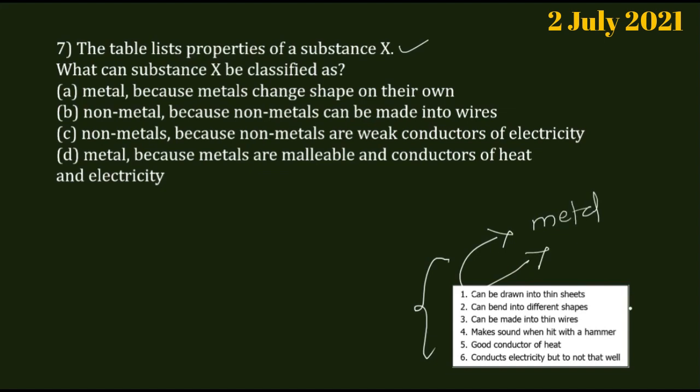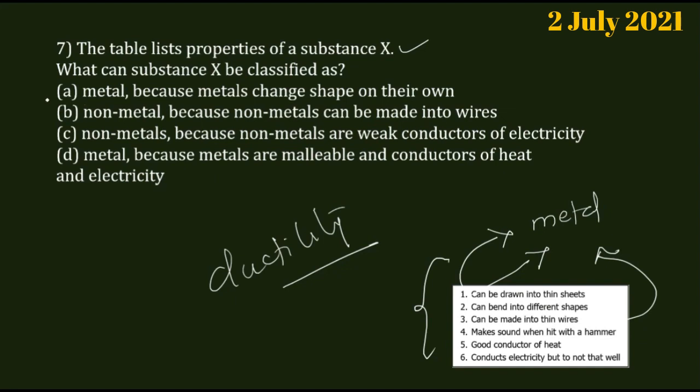Can be made into wires: again a property of a metal. Ductility is that property by which we can convert metal into wire. Good conductor of heat: again a property of metal. Conducts electricity but not that well. Well, all metals are not so good conductors. Few of the metals are very good conductors. So what is the right answer?